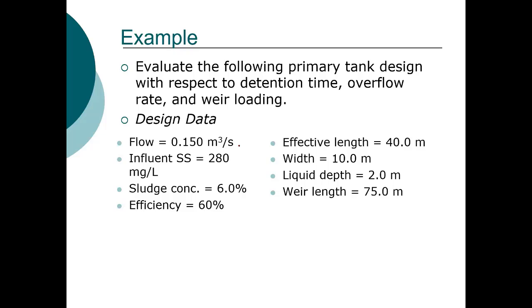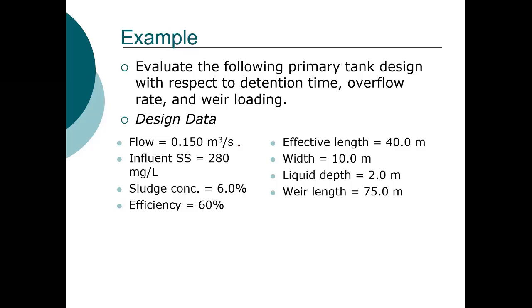We have a sludge concentration of 6%. We actually don't need that. An efficiency of 60%, so that's how much suspended solids we are removing. And you have a length of 40 meters, a width of 10 meters, a liquid depth of 2 meters, and a weir length of 7 meters.